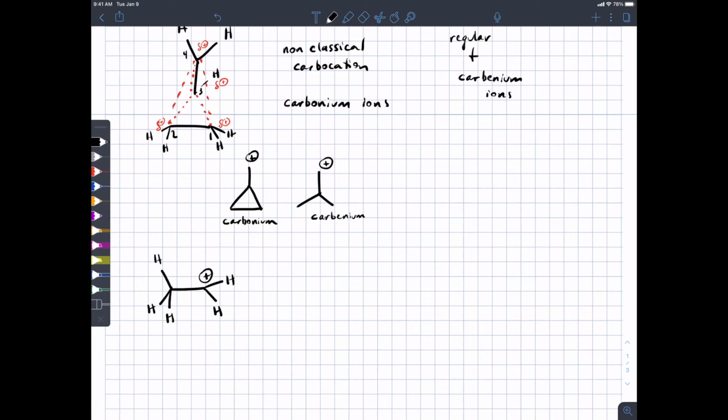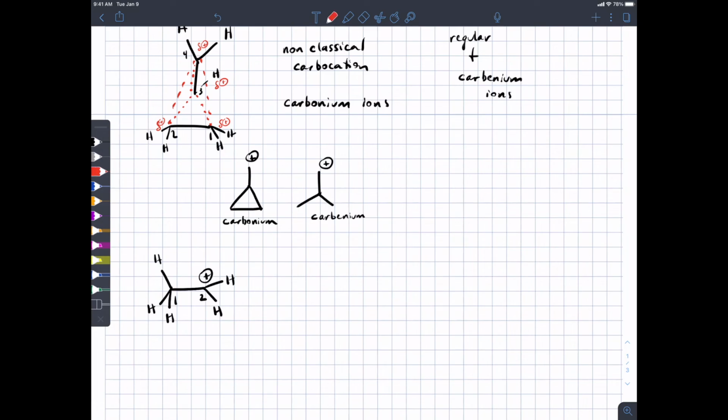Now, you probably learned in 351, or if you're TAing for 351, you may be about to share with the students, that carbocations can rearrange.